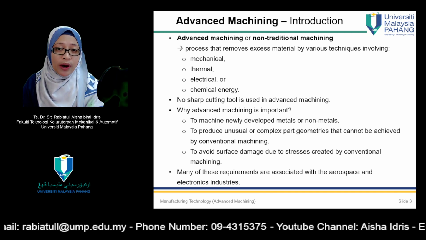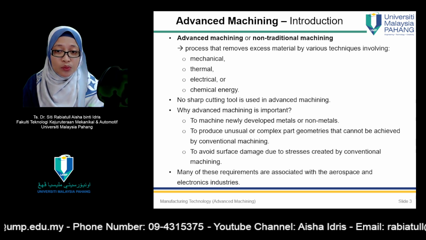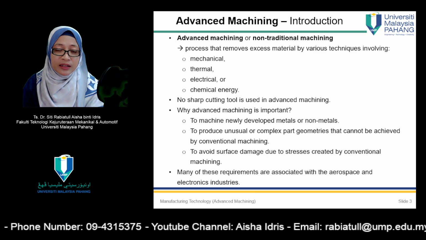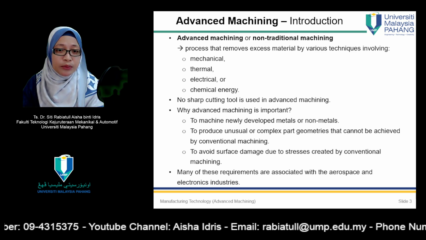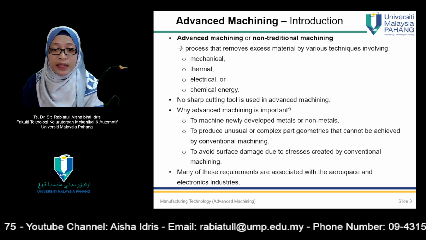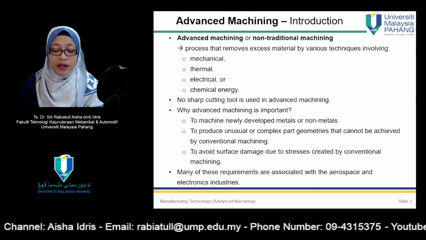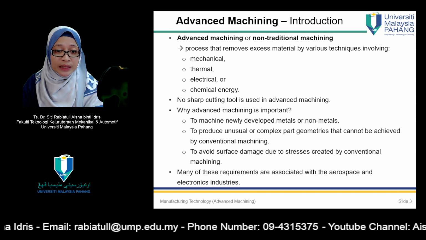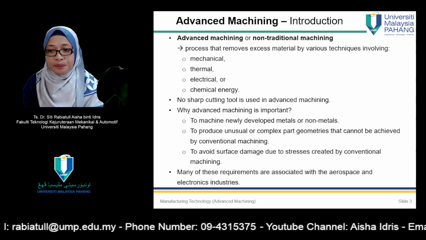Many of these requirements are associated with aerospace and electronic industries, which have become increasingly important in recent decades. There are literally dozens of non-traditional machining processes, most of which are unique in their range of applications. In this topic, we will discuss only those that are more important commercially, like the ones mentioned in the previous slide.